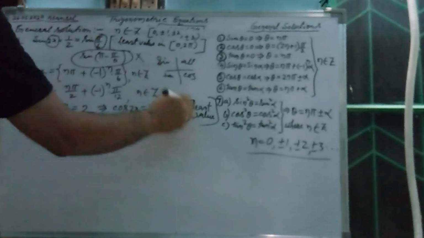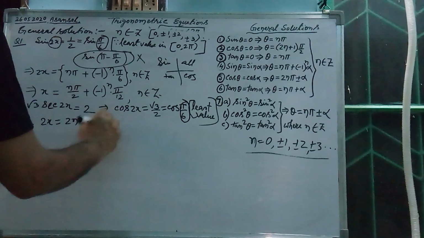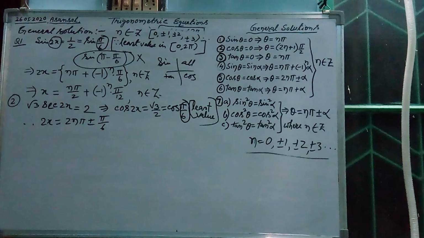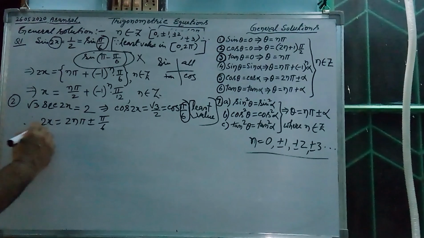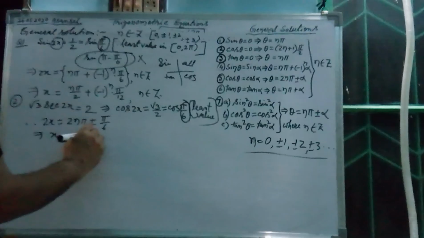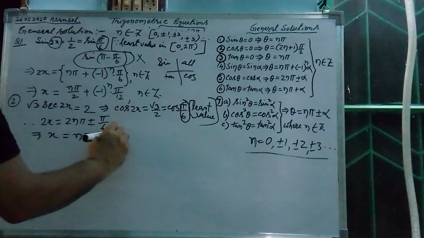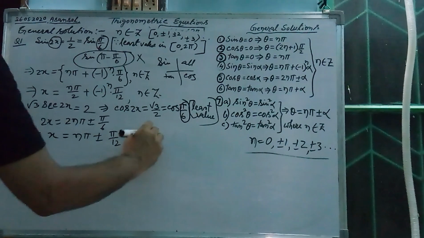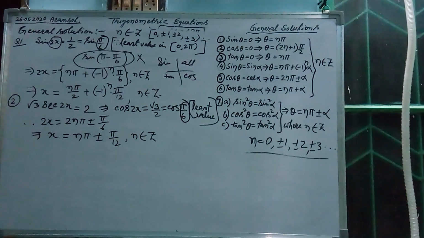What is alpha? Alpha is pi by 6. So 2x is 2n pi plus minus pi by 6, which implies x is equal to n pi plus minus pi over 12, where n belongs to Z, the set of integers.